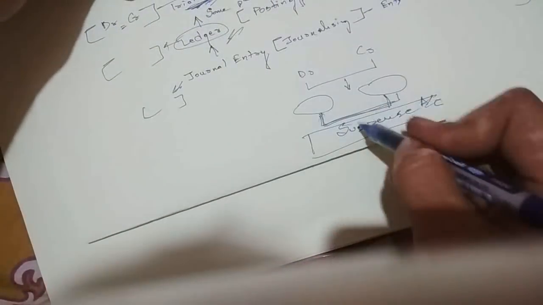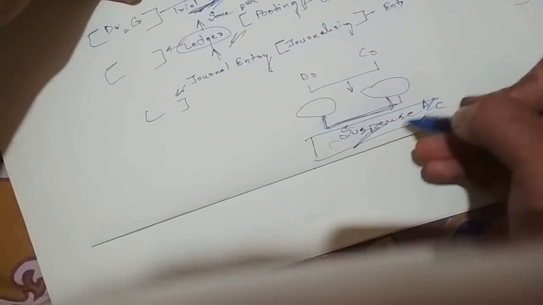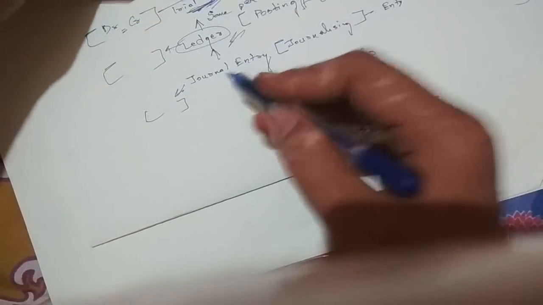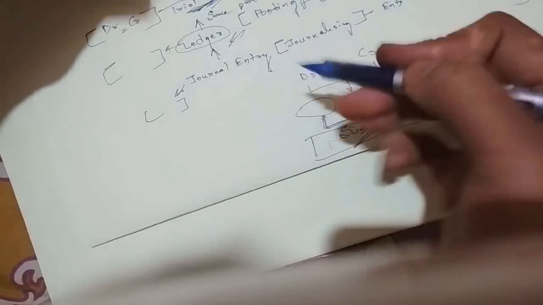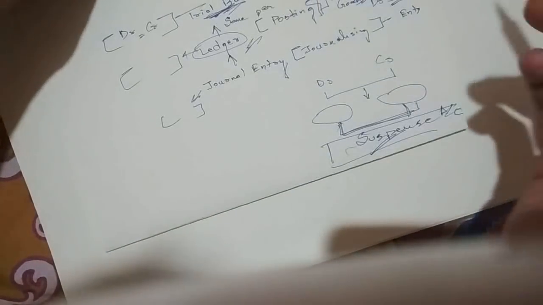At the time of making the trial balance, we do it with the suspense account, and the person is told to check the ledger and journal entry. When the main mistakes or errors are found in the ledger or journal entry, we can easily reverse the entry.